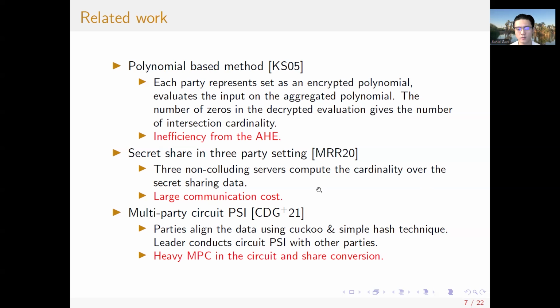The state-of-the-art multi-party PSICA comes from the work of CDG21, by conducting multi-party circuit PSI, where the parties align the data using cuckoo and simple hashing techniques, and the leader conducts the circuit PSI with each party, and then from the shares received from these pairwise invocations, cardinality can be computed using MPC techniques, but that also introduces heavy computation and communication cost.